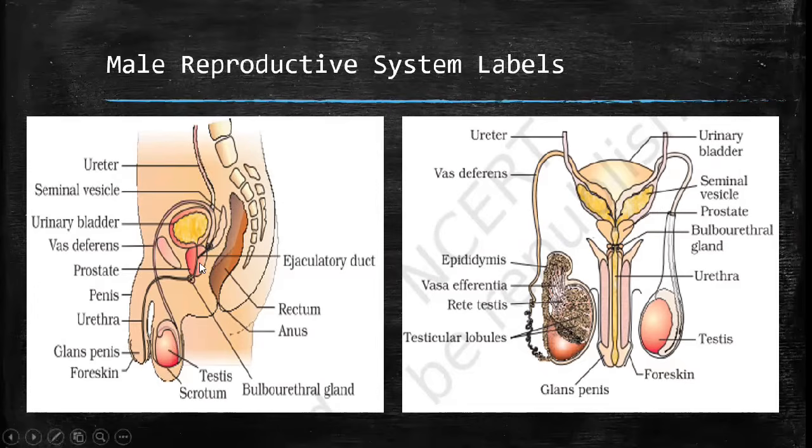And then below your prostate gland, guys, you can see a very small gland there. It's a very important gland. Do not look at this name there because it's a very difficult name. It's what we call a corpus gland, which also produces a certain fluid, which is very important. And then you've got your anus there, but you're not doing the digestive system, so it's not important at this moment.